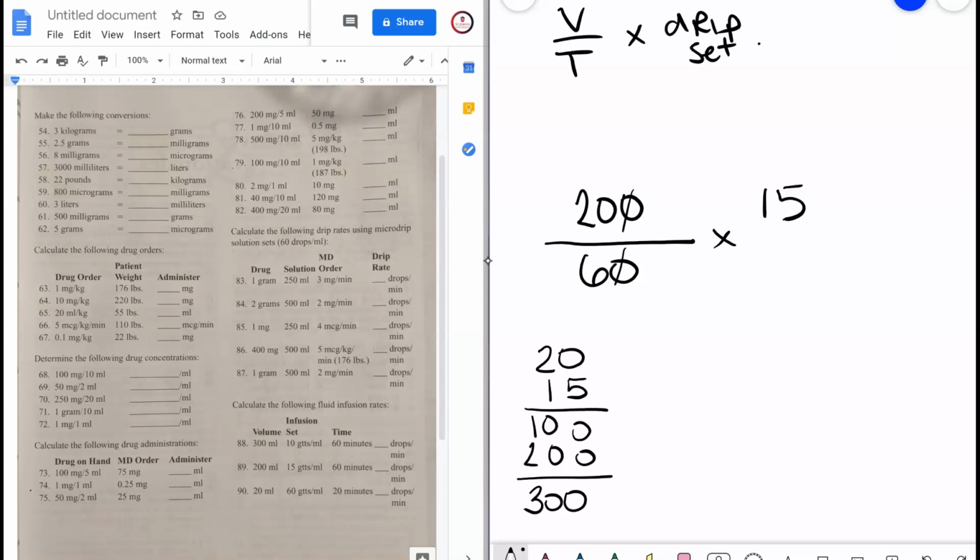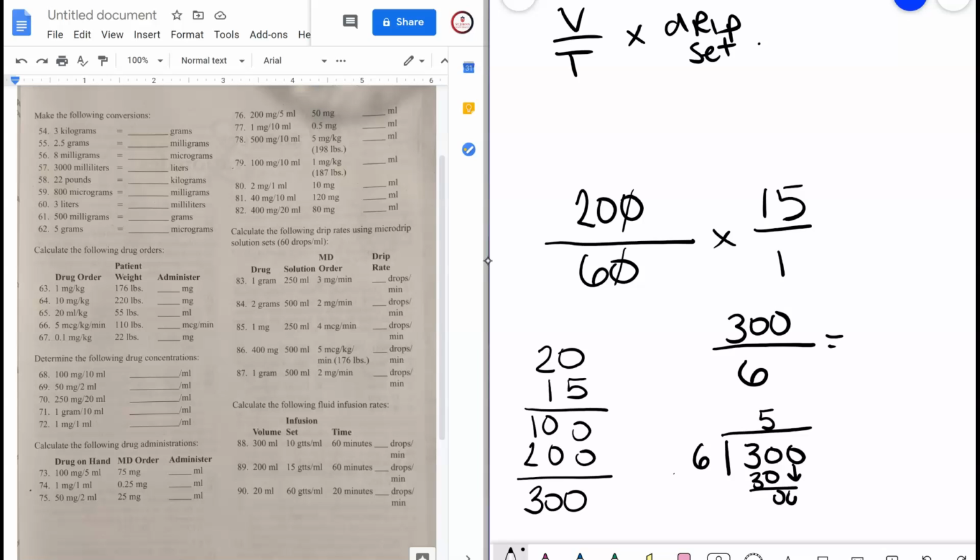So you have 300. Put that over 1, right? So then 6 times 1 is 6. Long division for those of you who like to see it, 6 goes into 300. 6 goes into 3, 0 times. 6 goes into 30, 5 times. Bring that 0 down. 6 goes into 0, 0 times. Done. So you are going to give 50 drops a minute.